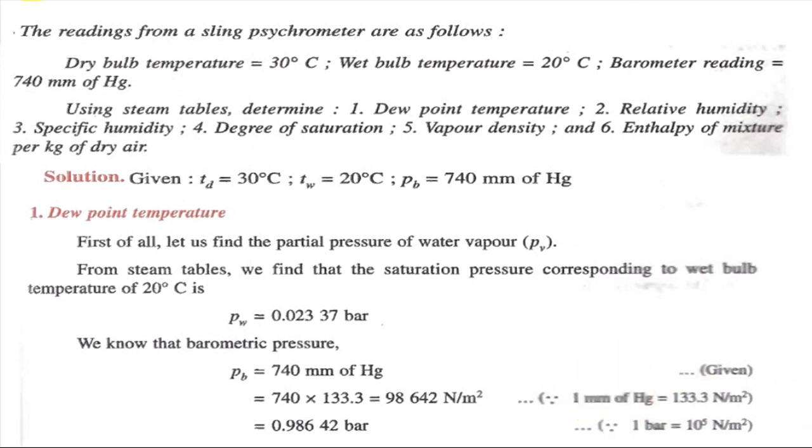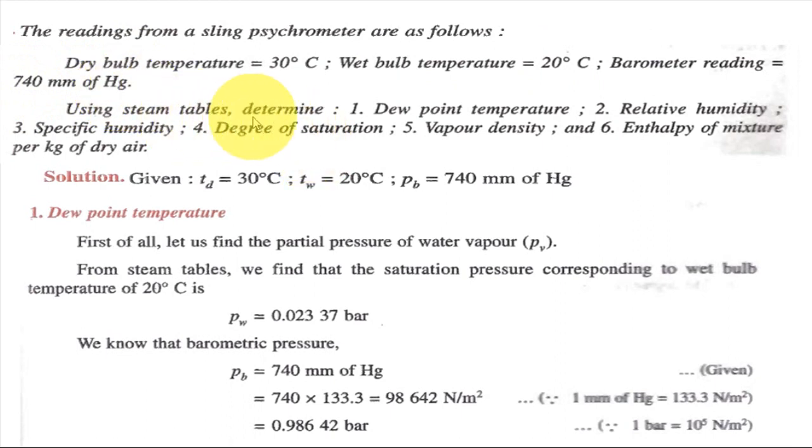Now we are going to solve one numerical based on the properties of moist air. I am reading the problem statement now. The readings from the sling psychrometer are as follows: dry bulb temperature is 30 degrees Celsius, wet bulb temperature is 20 degrees Celsius, and barometric pressure is 740 mm of Hg.